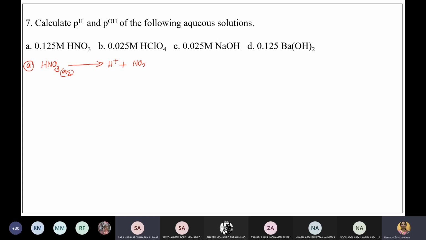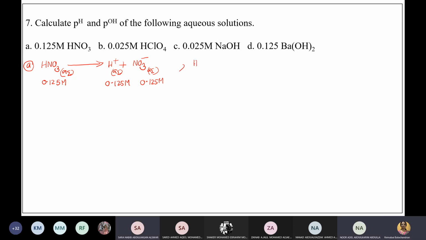Now, what's the concentration? 0.125 molar. What about the concentration of H plus? Also 0.125 molar because it's a strong acid. It will ionize completely.